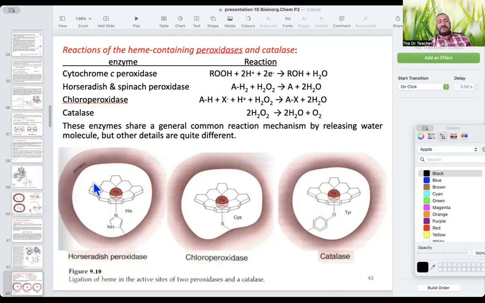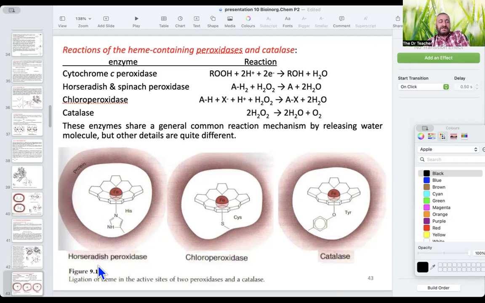You can see the porphyrin ring is being distorted. If this is the iron, there is an imidazole ring here from the histidine, here from the cysteine and tyrosine when it's bonded to the iron.